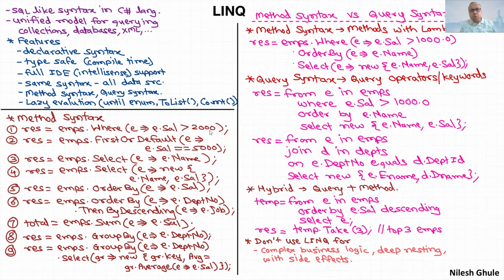It should not be used for too complicated logic, especially if it has deep nested queries or query side effects. Otherwise, LINQ is one of the very useful features and very heavily used for collections as well as databases and other contexts.